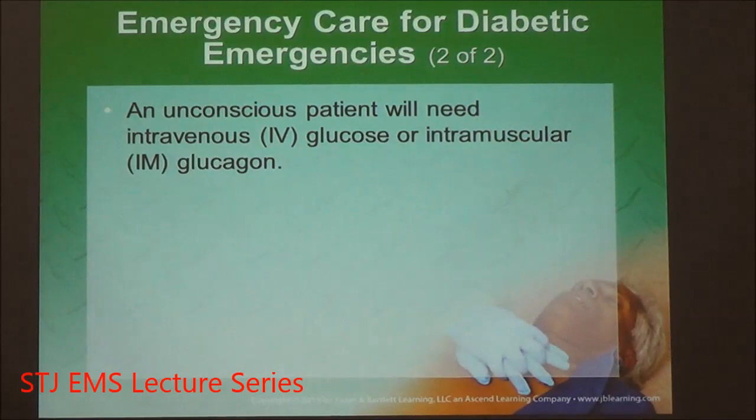And that's important. In addition to the IV glucose, paramedics can administer a drug intramuscularly called glucagon. Glucagon is a hormone also secreted by the pancreas, but secreted by alpha cells in the pancreas. What glucagon does, it's a hormone that locks onto receptors on the cell membrane of liver cells.